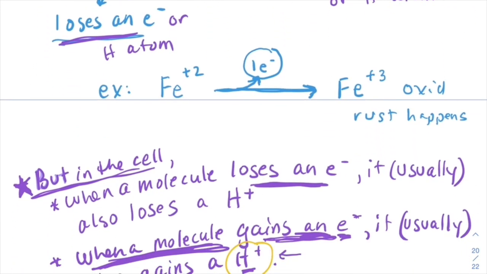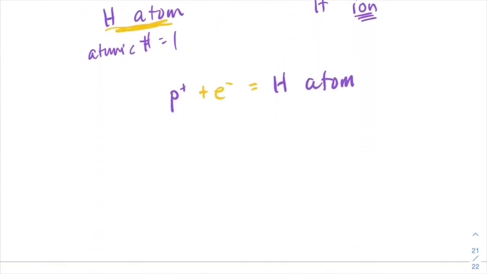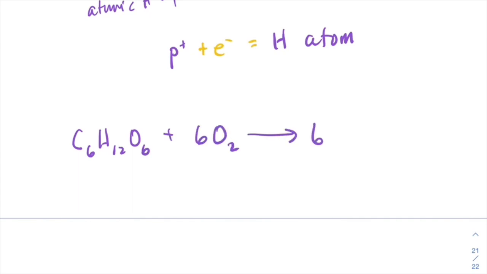Let's take a look at what this is going to mean for us in cellular respiration. C6H12O6 plus, what did we have, 6O2 yields 6 CO2 molecules plus 6 water molecules.